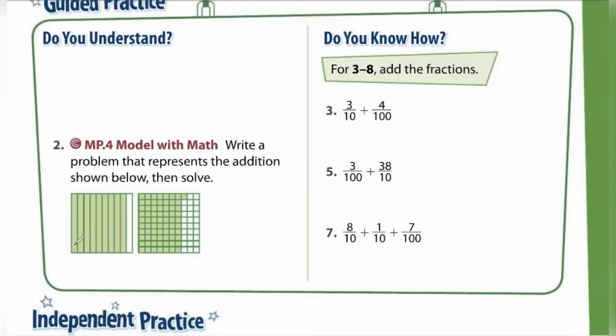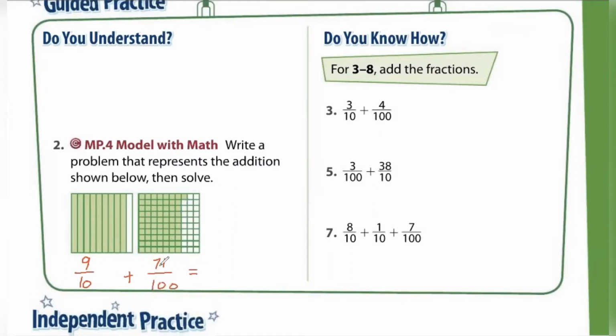Here we have 1, 2, 3, 4, 5, 6, 7, 8, 9. We have 9 shaded parts out of the total number of parts, 10. Plus, here we have 10, 20, 30, 40, 50, 60, 71. 71 out of 100.